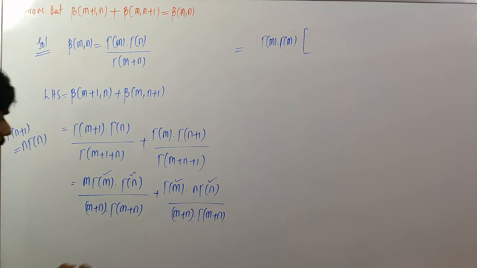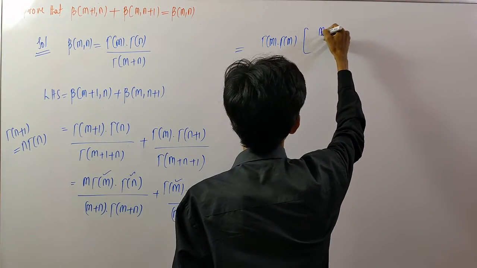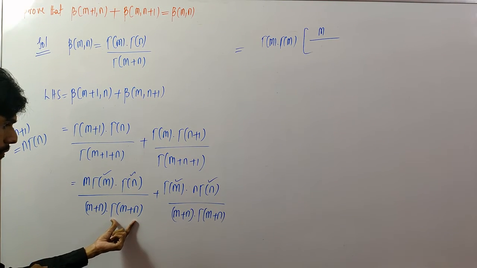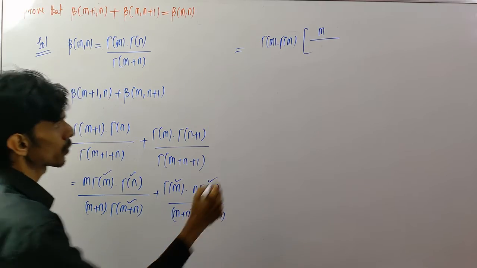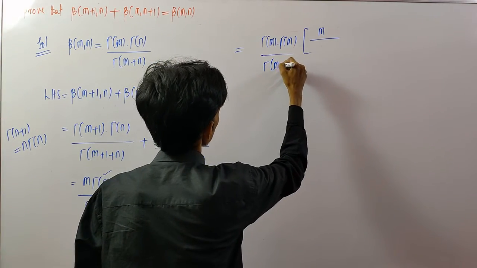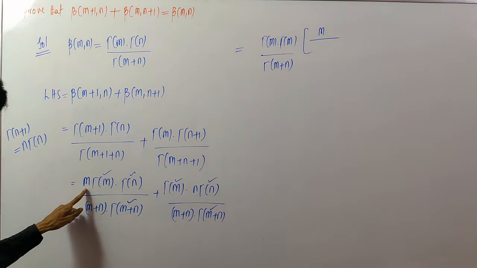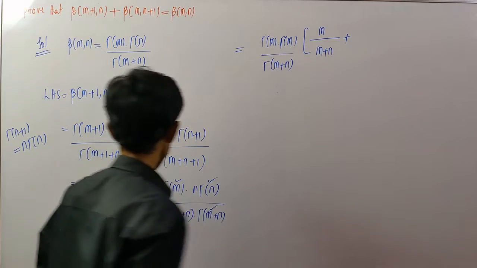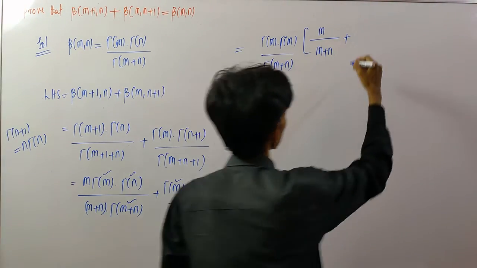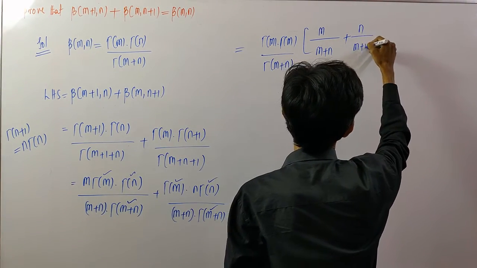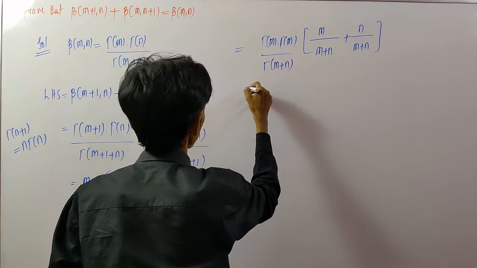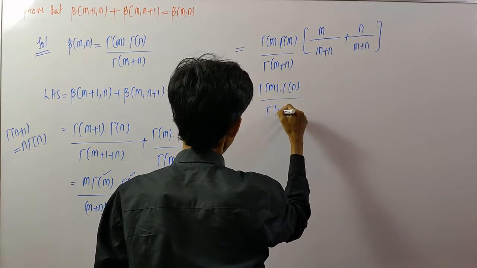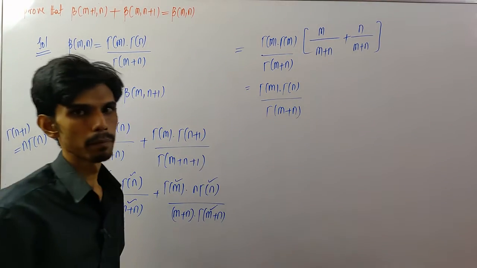We are left with m by m plus n here, and here we have n by m plus n. Take gamma of m plus n outside, so we have gamma m gamma n divided by gamma of m plus n.